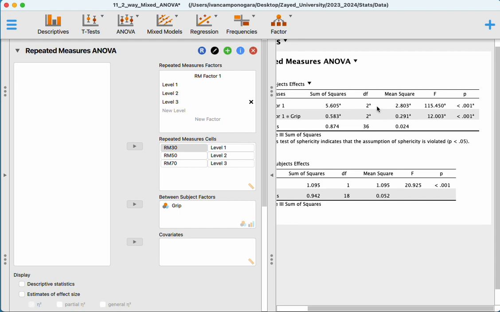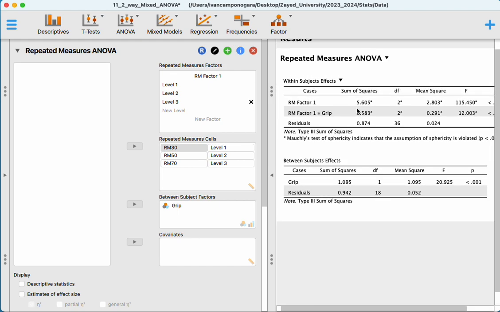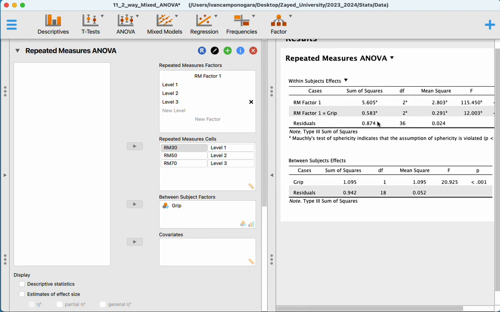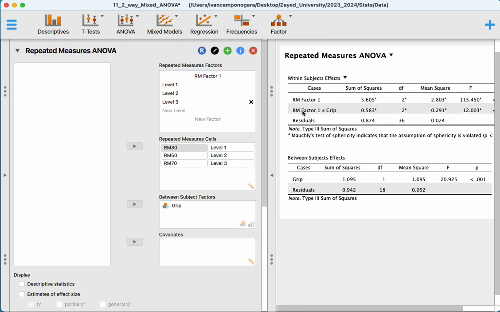So testing the force after 30, 50 or 70 days led to a different force result, and we have an interaction, and it's significant because it's less than 0.05, and this means that there is a change of strength according to the grip.